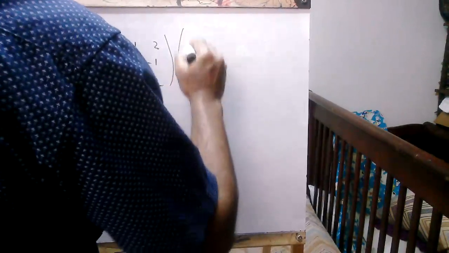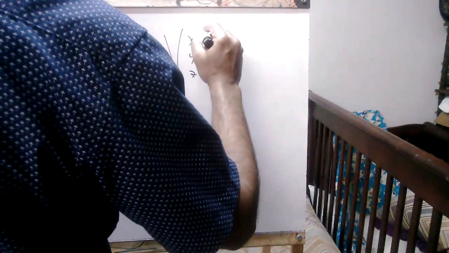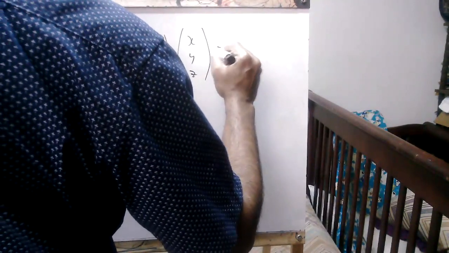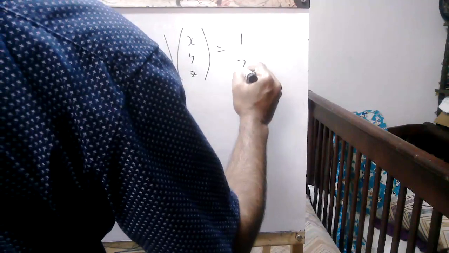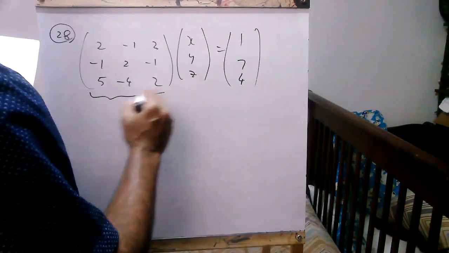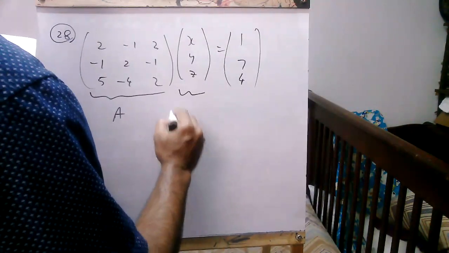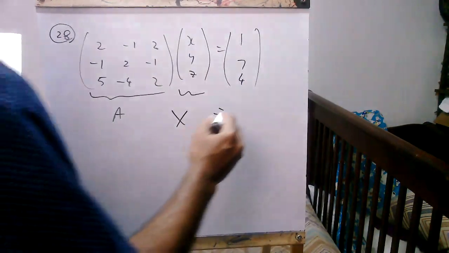Times x, y, z, equal to 1, 7, 4. This is A, this is capital X, equal to B. Right?